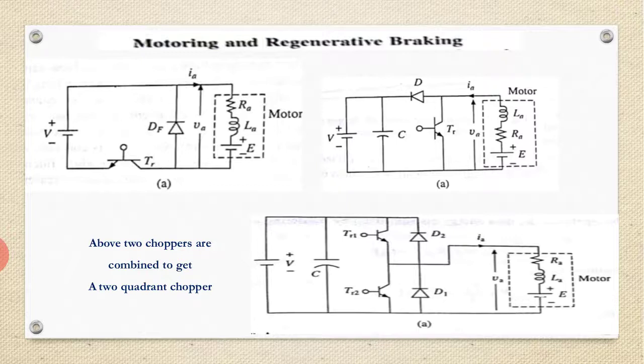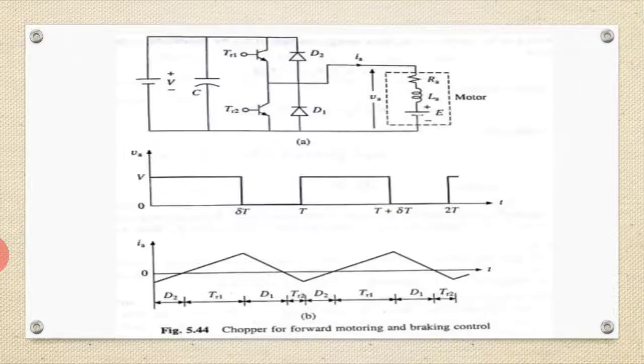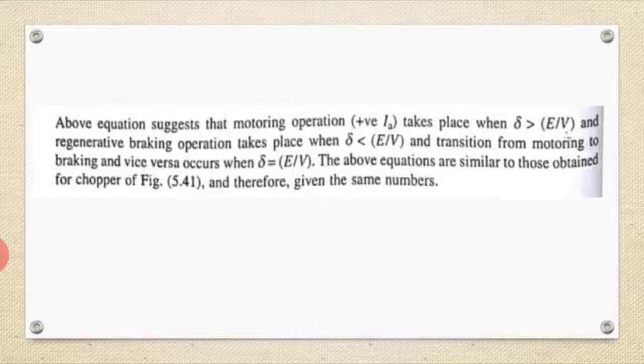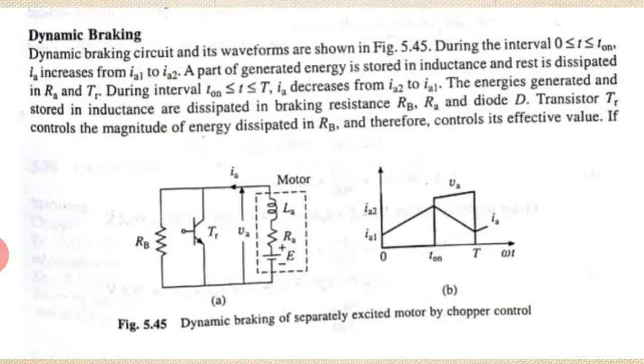Class B chopper is for regenerative braking in the second quadrant. Combining 1 and 2, we get the two quadrant chopper, called the class C chopper. And finally, I have discussed dynamic braking.